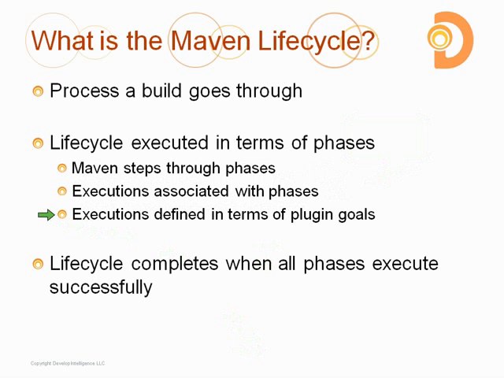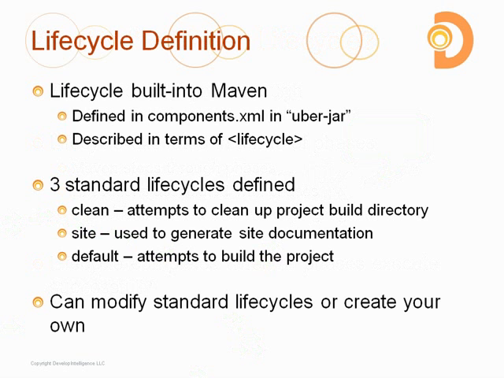But those subphases always are executed or handled by some plugin goal. So whenever we invoke a lifecycle command, realize that Maven is going to do an internal lookup to see what plugins need to be executed, which goals with those plugins need to be executed, and the order in which they're executed. So that's a slight review there.